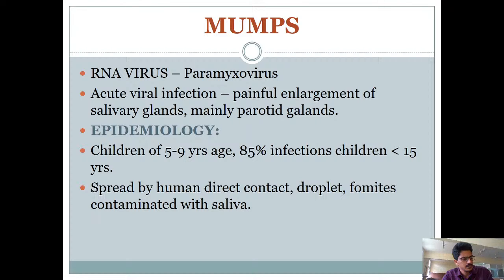Before going on with mumps, we should know the history. In Chinese literature it was mentioned in 640 BC, and Hippocrates in 410 BC described the complete disease in his book Corpus Hippocratum. In the modern era, it was described by Robert Hamilton in 1790, and the mumps virus was discovered by Claude Johnson and William Goodpasture in 1934.